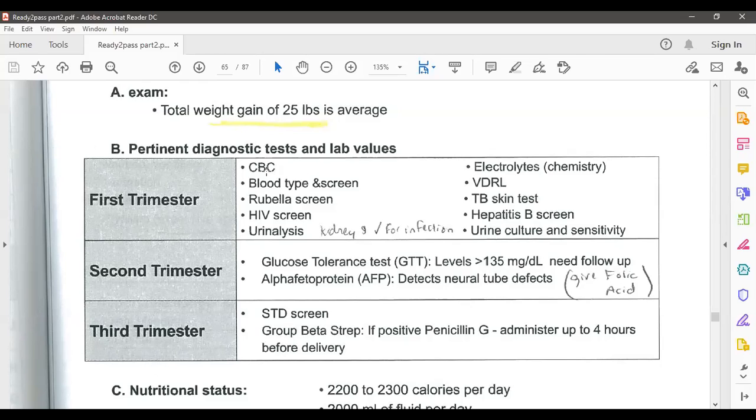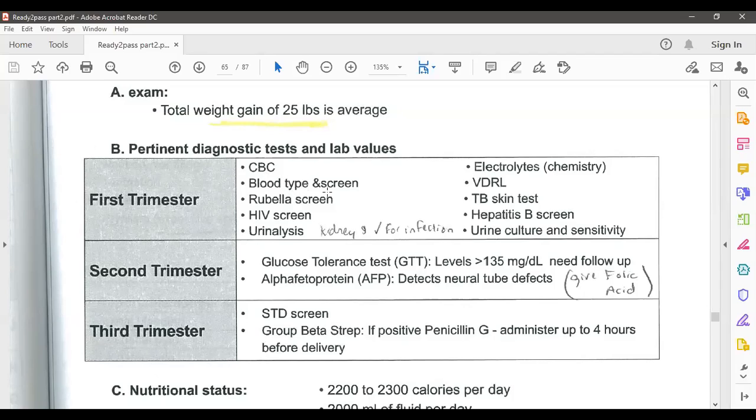It also includes the thrombocyte, or platelet. If the platelet count is low, it indicates a bleeding risk, and we need special care for the mother. Blood typing is also important. If the mother needs a blood transfusion, we have to be ready, so we need blood typing or screening for Rh factor. Rh factor is very important.